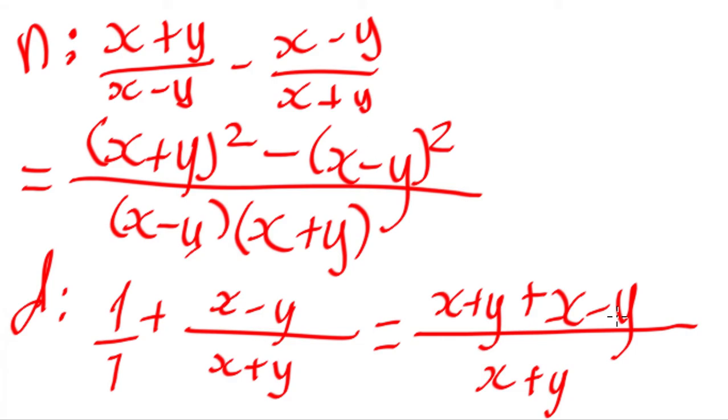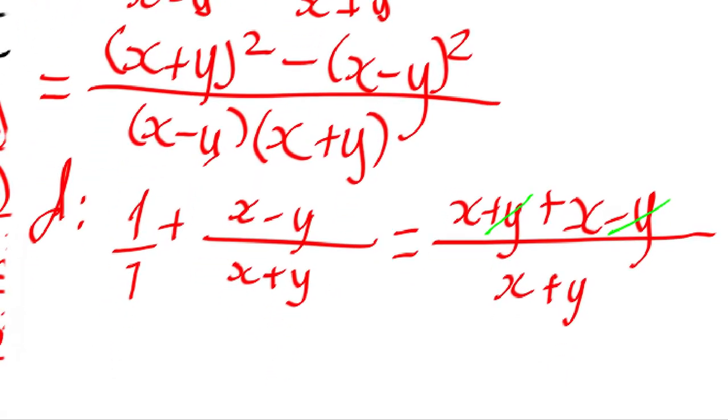And notice from this part that we have x plus y plus x minus y. So clearly we can see that we can somehow cancel the y's. That's going to give us 0. The y's give us 0, and we can combine the x's to make it 2x.